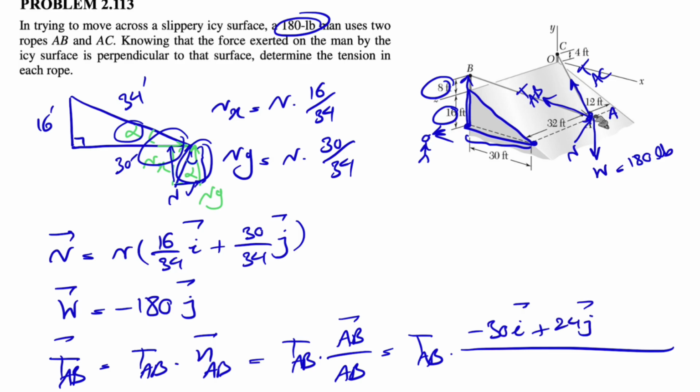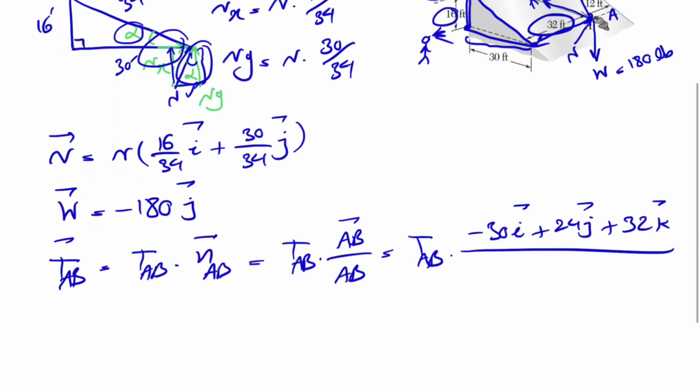For the z component, from here to here we're going along the positive z-axis, and the distance is 32, so plus 32 k. The denominator is pretty easy: the square root of 30 squared plus 24 squared plus 32 squared.